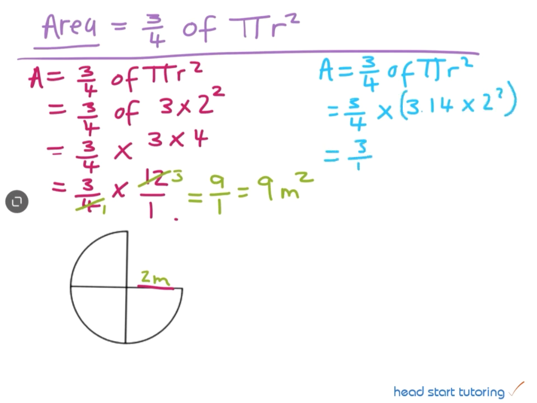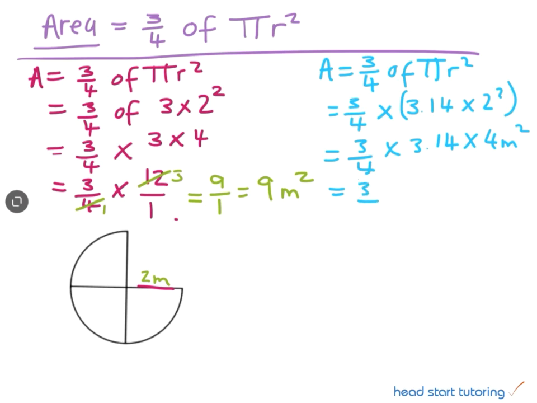So we've got 3/4 multiplied by 3.14 multiplied by 4, because 2 squared is 4, and that's actually 4 meters squared. So just remember your measurement right at the end if you don't do it.